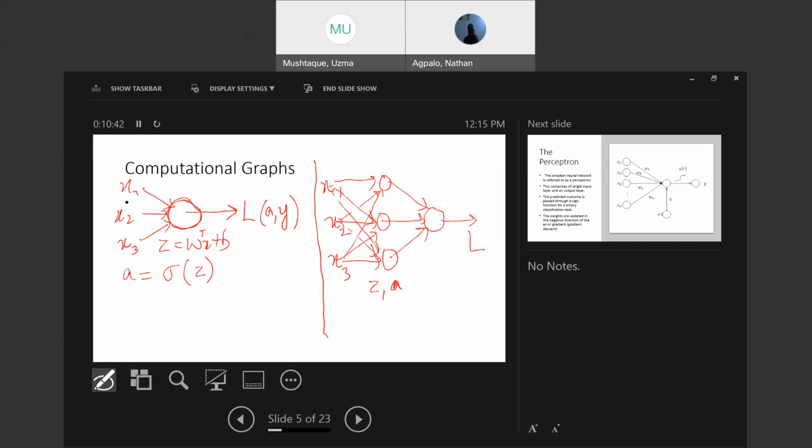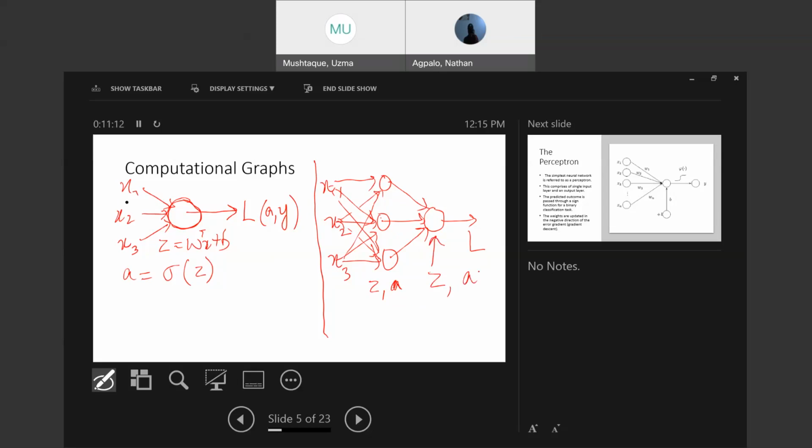So what has changed really here? I'll have a Z calculation and an A calculation in the first set of nodes. You cannot see my cursor, but I'm talking about the 3 nodes. At those 3 nodes, I'll have some Z and A calculations, and then when I come to this particular node, I'll have another set of Z and A calculations.